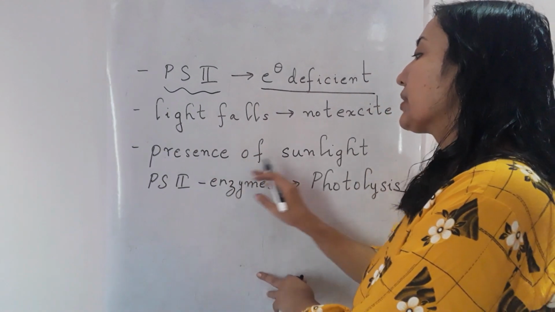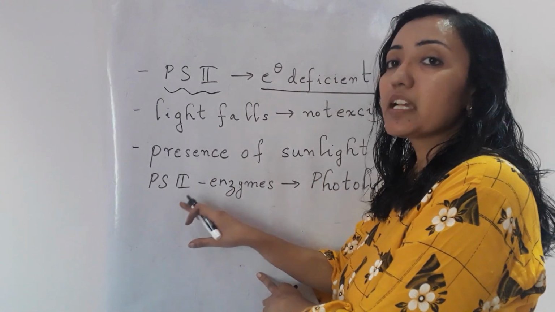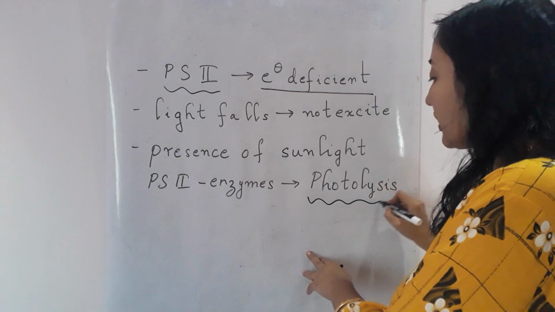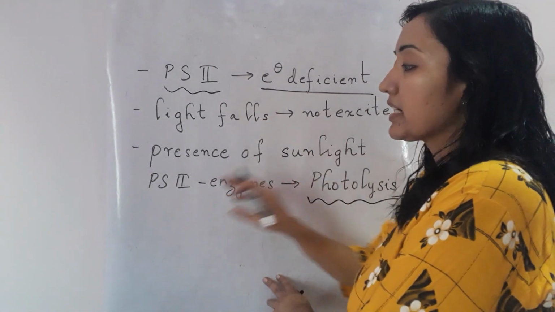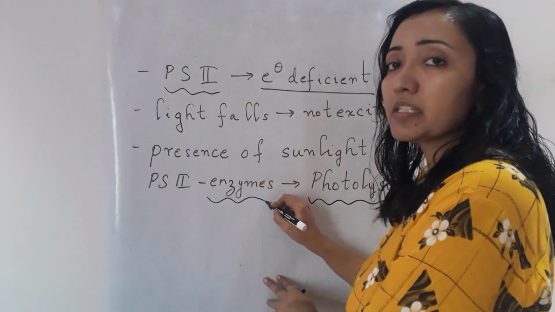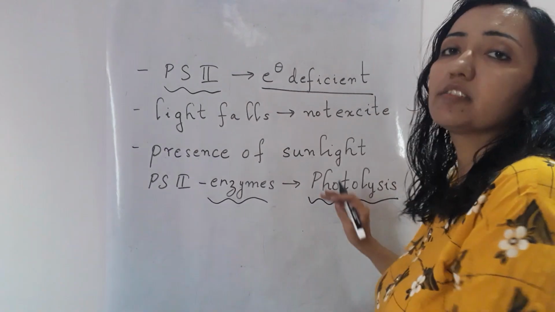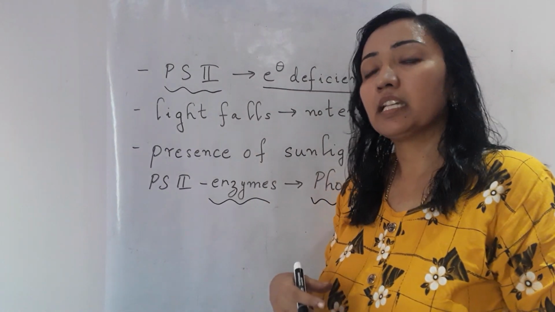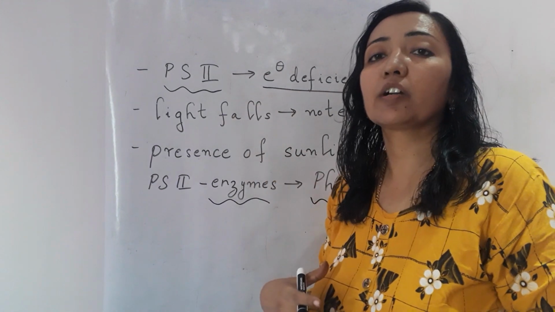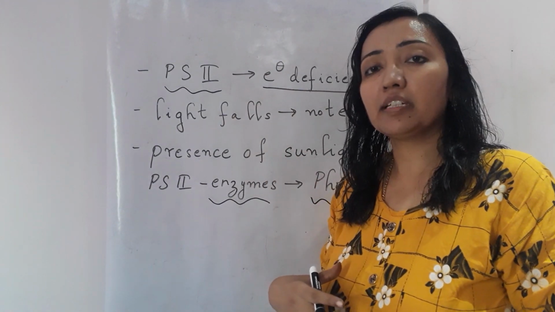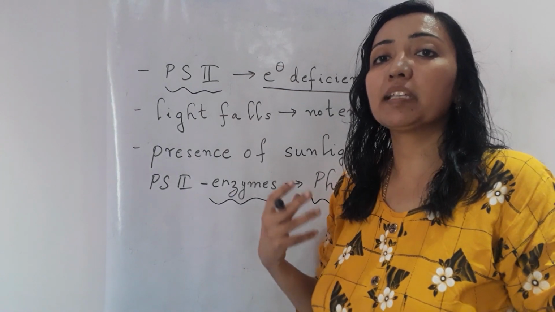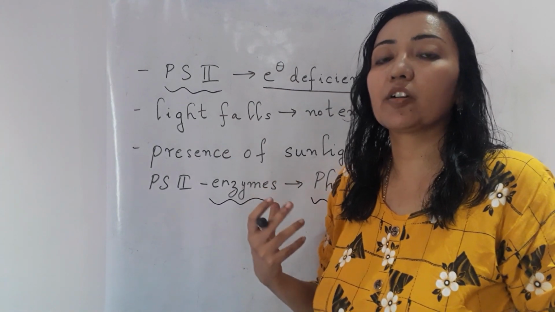Now in the presence of sunlight, PS2 has enzymes which carry out photolysis. Photolysis is the breaking of water to produce oxygen, and this reaction occurs in the lumen of the granum thylakoid, that is, the empty space of the granum thylakoid.